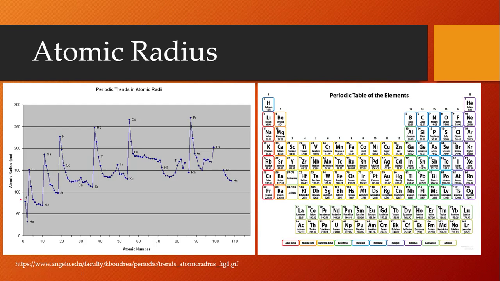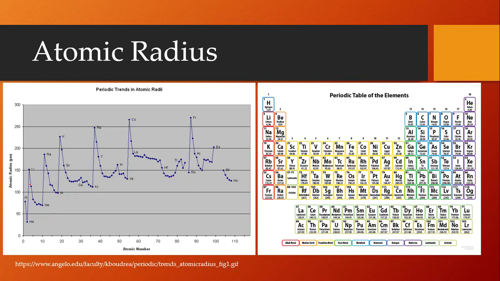We talk about groups. Here, if you look carefully, you see that this is the first group. You start with hydrogen and go to francium. If you look here, you've got helium, neon, argon, krypton, xenon, radon, and that is group 18.